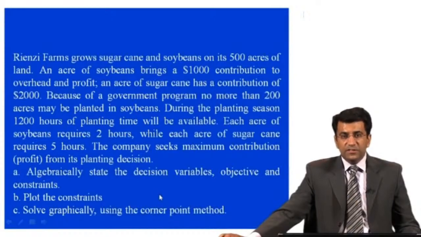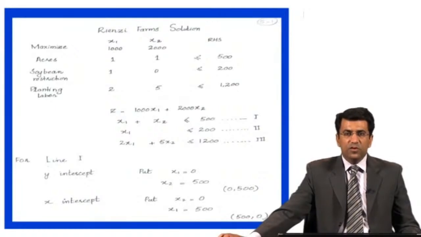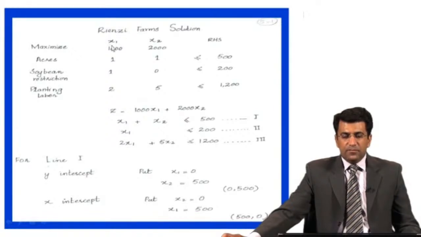We have already discussed many examples relating to this sort of problem, so you may not have a problem in solving that particular example. Now again, we are interested in the different constraints. One constraint is the land constraint, that is total land available, and total land available in this particular case is 500.